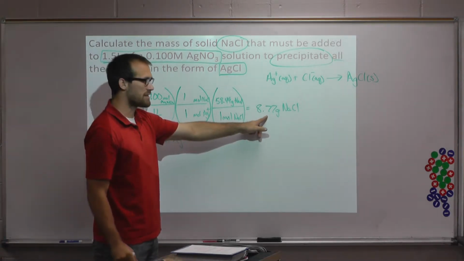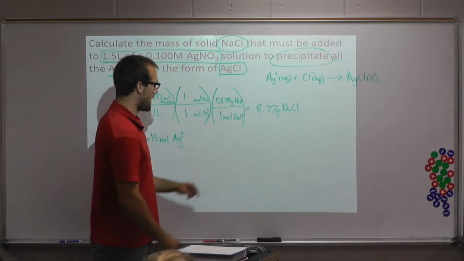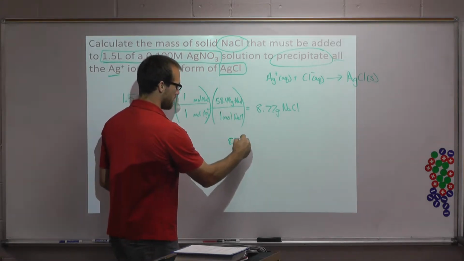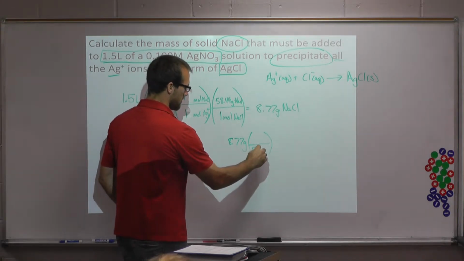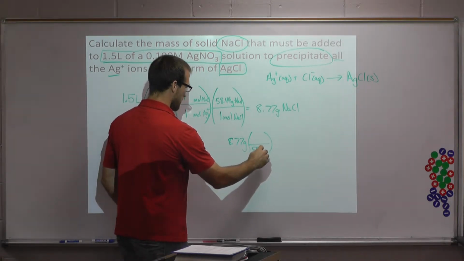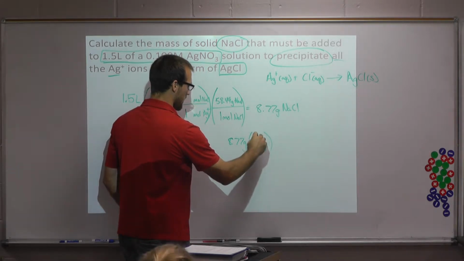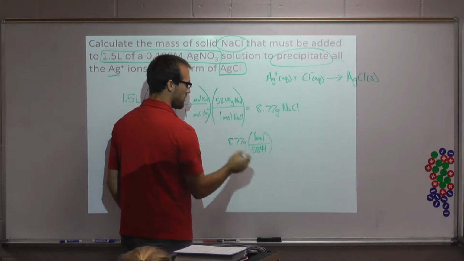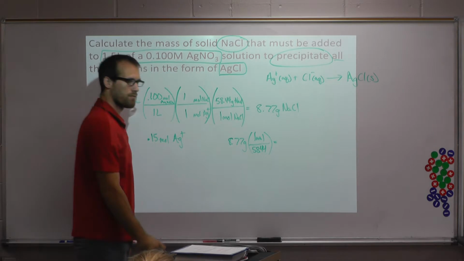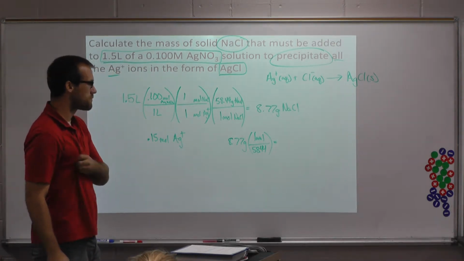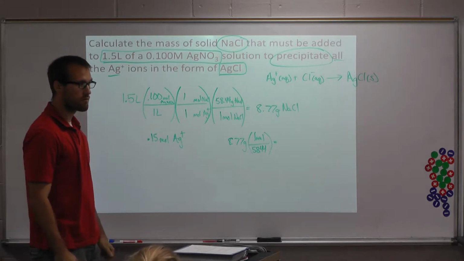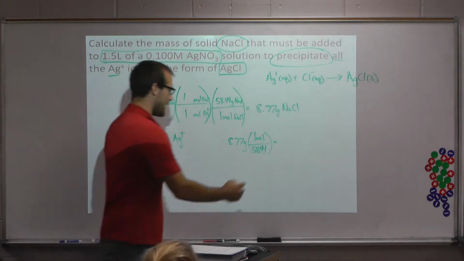Now let's take this and multiply it. So this is the mass, right? Multiplied by the molar mass, or divided by the molar mass. And that will give me moles of the sodium chloride, correct? Someone do that. 0.15.